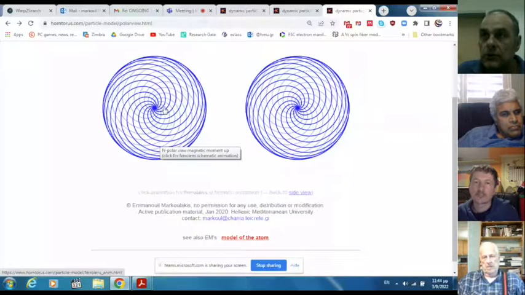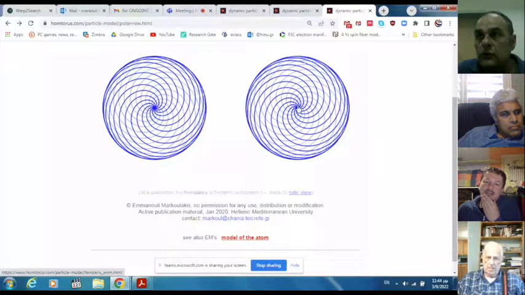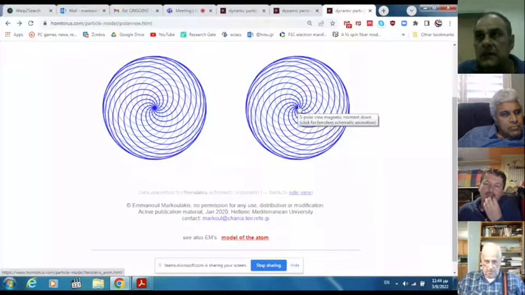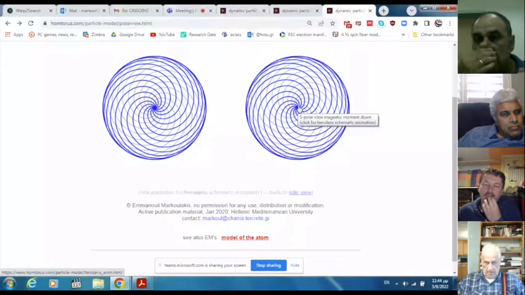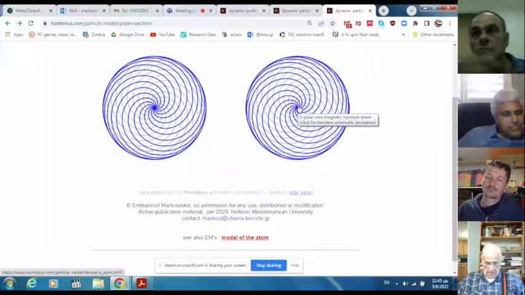Yes or no? Yeah, that's what I'm thinking. It can be either this side or this side. It cannot land on both sides at the time of the measurement. Maybe that's the physical meaning of why it measures left-handed or right-handed.